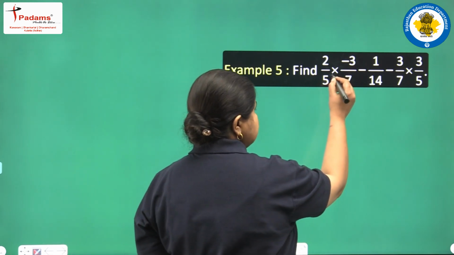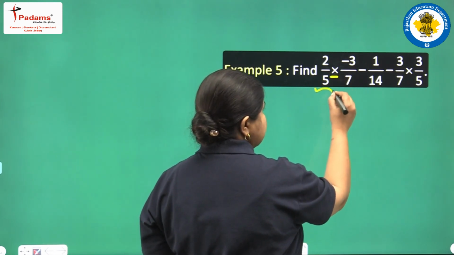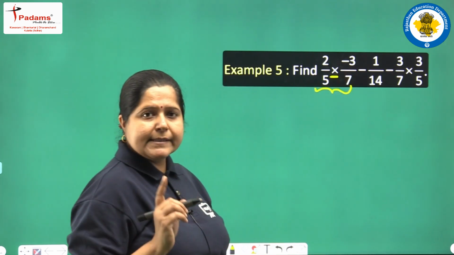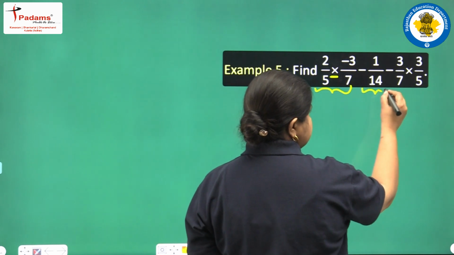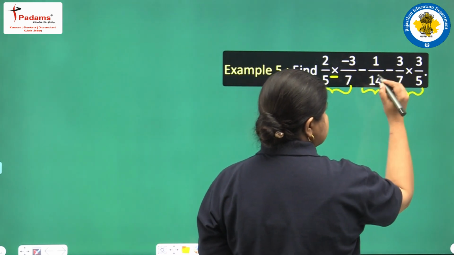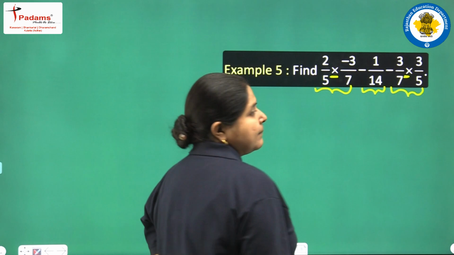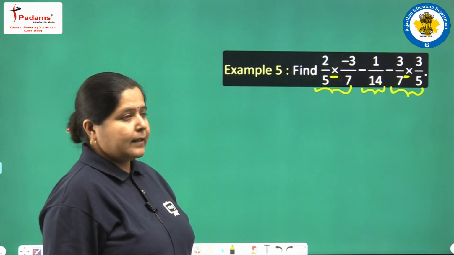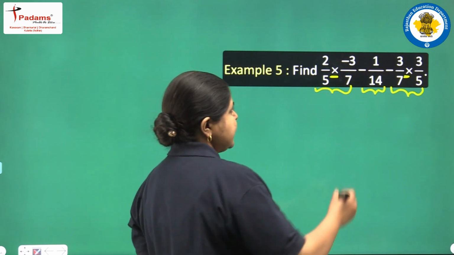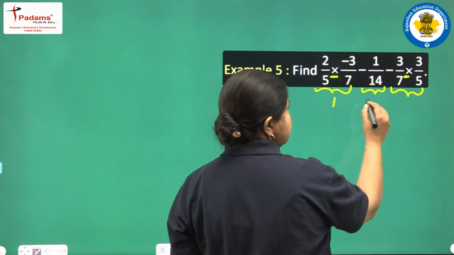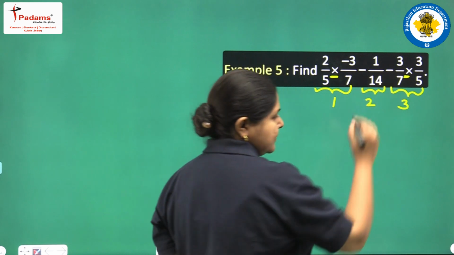Whenever there is a multiply sign in between, we consider it to be one single unit. So this is the first term, this is the second term, and this is the third term, because again there is multiply in between.